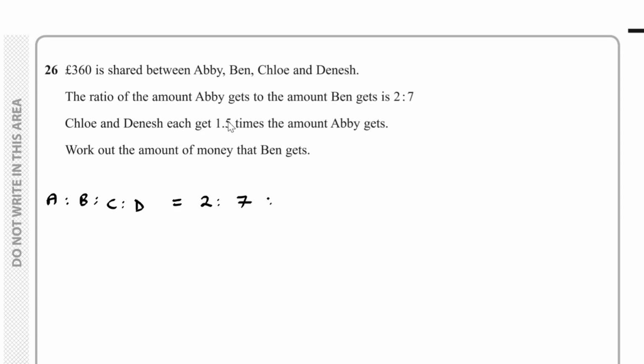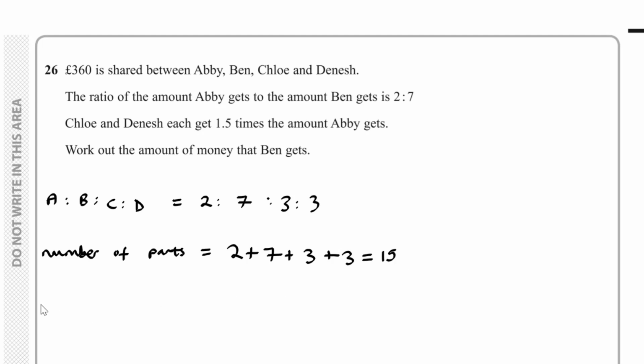If Chloe and Danish get 1.5 times Abby, we multiply the 2 by 1.5, so we get 3. So we get 3 for C, 3 for D. And we split this ratio up between £360. So therefore the number of parts we have is 2 plus 7 plus 3 plus 3, which is equal to 15.